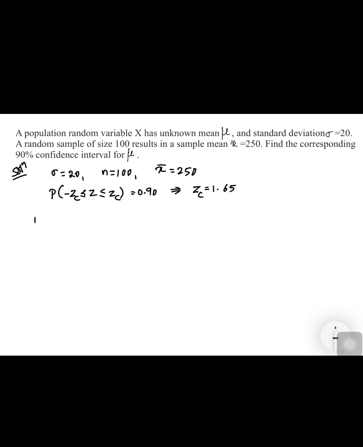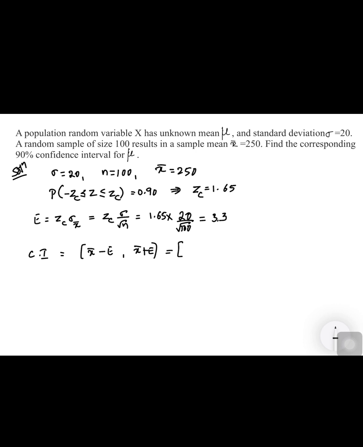Now let us find the margin of error, which is given by zc times sigma x bar, which is zc times sigma over root n, which is equal to 1.65 times 20 over square root of 100. So this gives us E to be equal to 3.3, and the confidence interval is given by x bar minus E, x bar plus E.